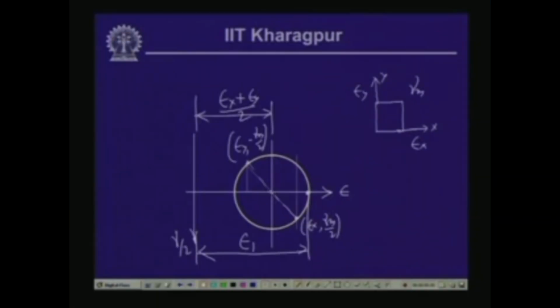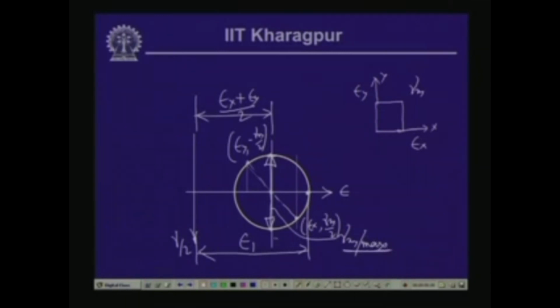And consequently, if we look into the Mohr circle, the maximum values of the shear strain are at this particular point and at this particular point. Now, this is the maximum positive shear strain and this is the minimum, because magnitude wise they are the same, only it is negative. So, this is gamma xy max.